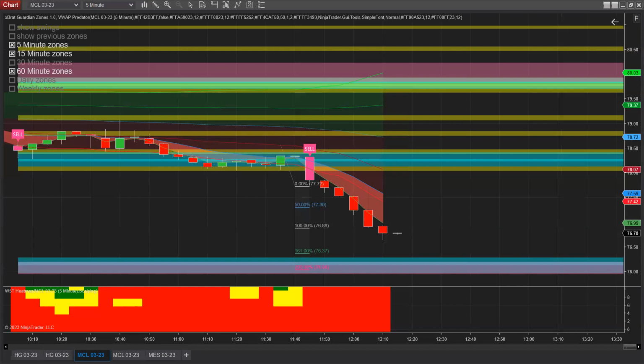So I'm sorry, it's NinjaTrader or nothing, but we have had people that have been on Think or Swim for a lot of years move to NinjaTrader, not just because of the Guardian zones, but all the other products that we have, but also they can connect their TD Ameritrade to NinjaTrader. You can connect Interactive Brokers to NinjaTrader.